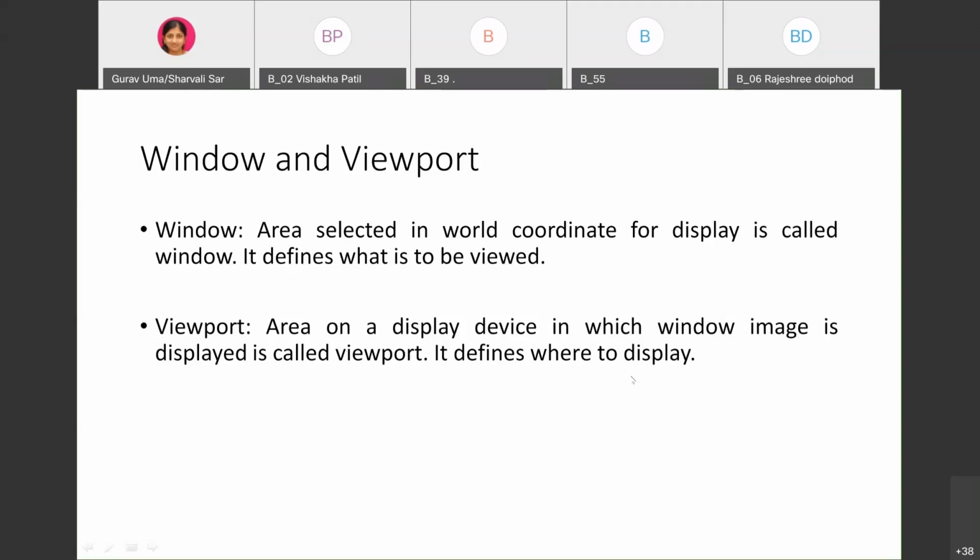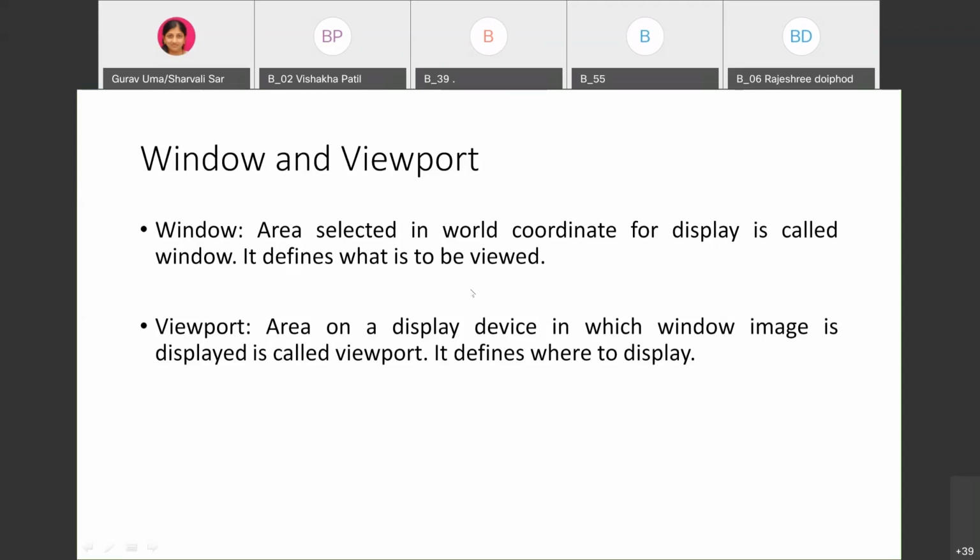Now the viewport means, as we said, in the window we see the real life object, that we consider as a world coordinate. Now that world coordinate we have to show on a device. That device will be your mobile or any screen, mobile screen or a computer screen. When we are displaying something on a screen, we consider it as a display device, or a display coordinate.